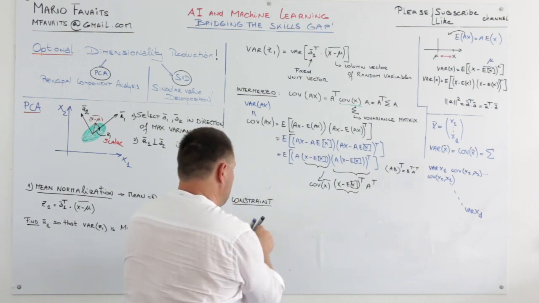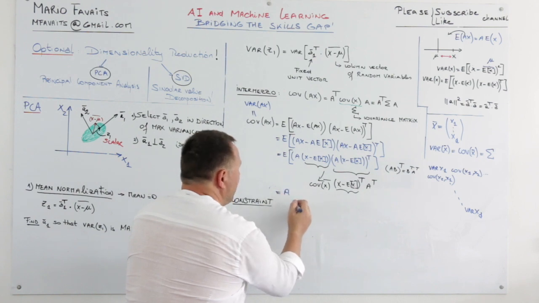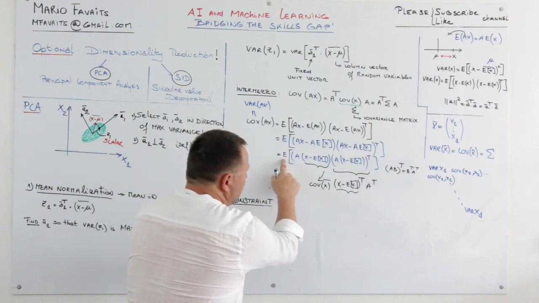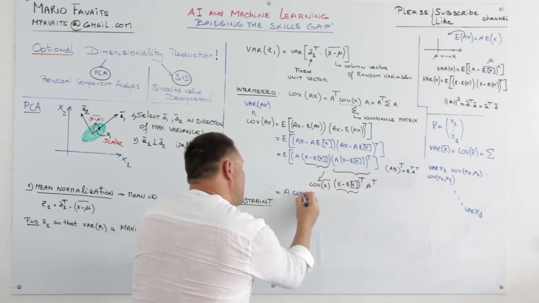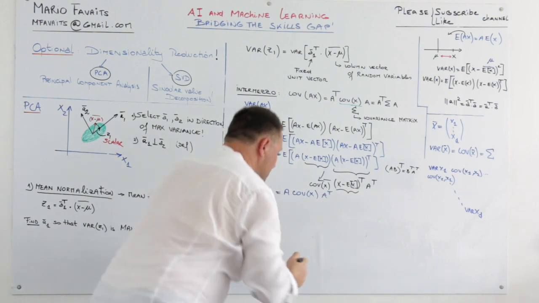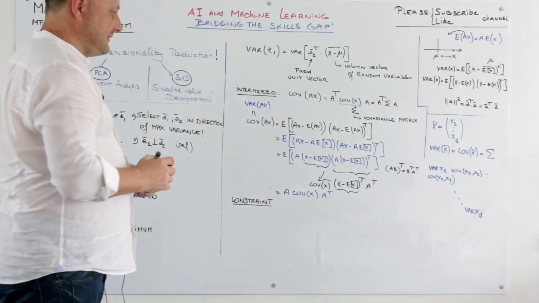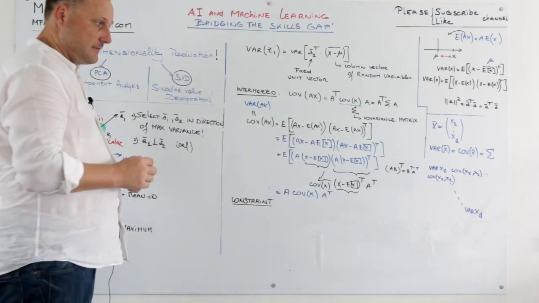So it equals A times the covariance of X times A transpose. This is exactly what we tried to prove here.